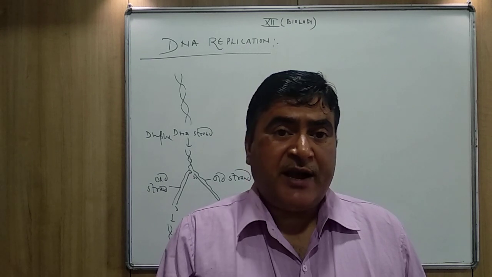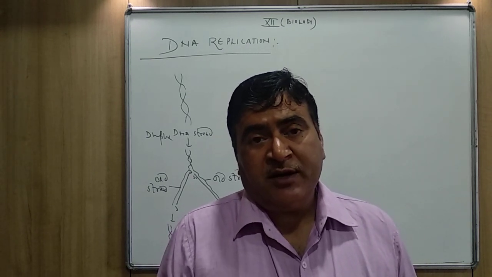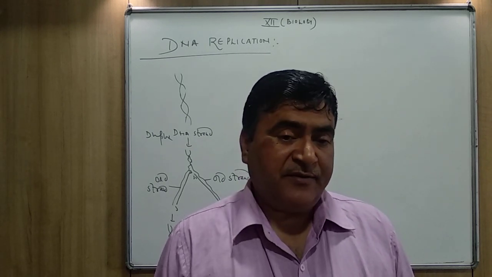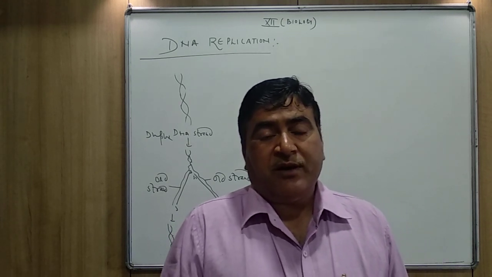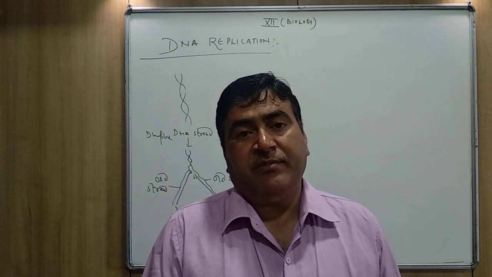And this kind of DNA replication or DNA duplication is said to be what? Semi-conservative mode of DNA replication. So once again, what is the semi-conservative mode of DNA replication?